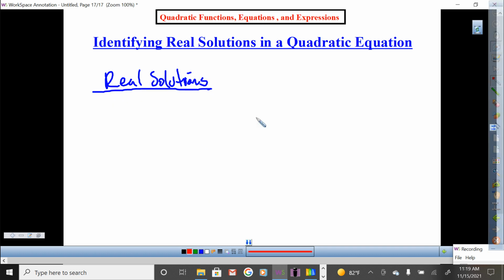And right next to that in red, I want you to write non-real solutions. And in parentheses, just write square root of a negative.